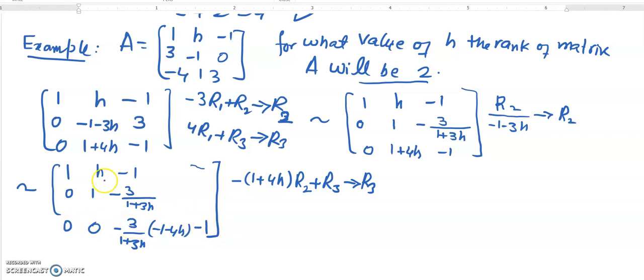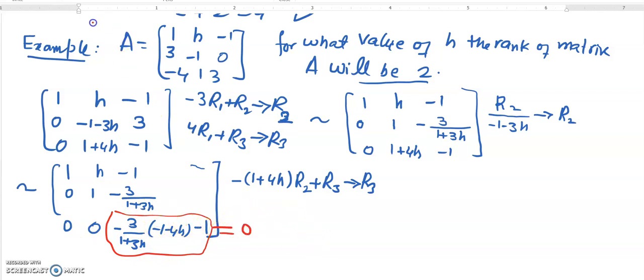So in this case what we get is this element, the third row and third element. If the last row is to be completely 0, then this element should be 0. So this should be equal to 0.